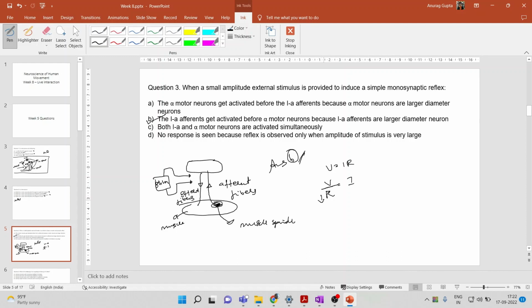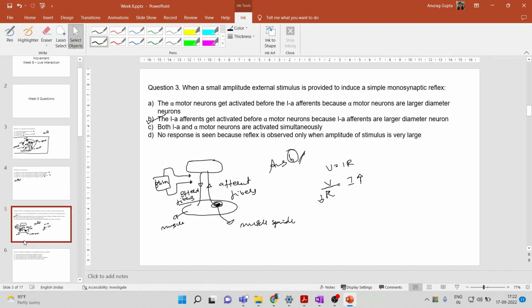Since R is small, the I will be high, and since a larger current goes in, the depolarization will be larger, hence causing that particular fiber to reach threshold and cause an action potential. So this is one way of thinking about it.